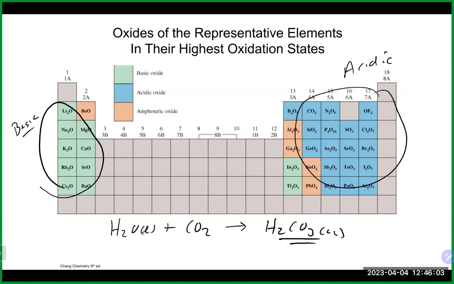If you actually take the N2O5, that's how you get nitric acid as a result of that. These orange guys here are amphoteric oxides, and if you remember, amphoteric means can either be an acid or a base, right? That's basically what amphoteric means. So those are guys that can go either way when they react with water.